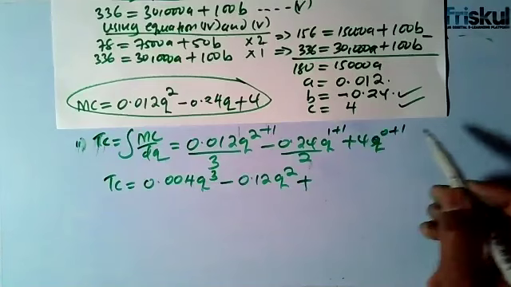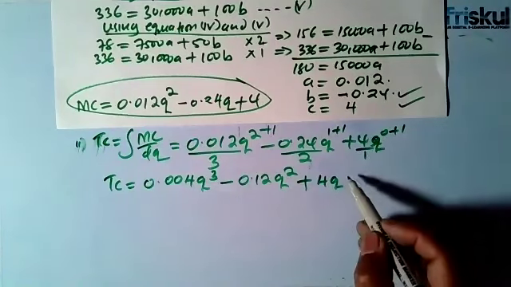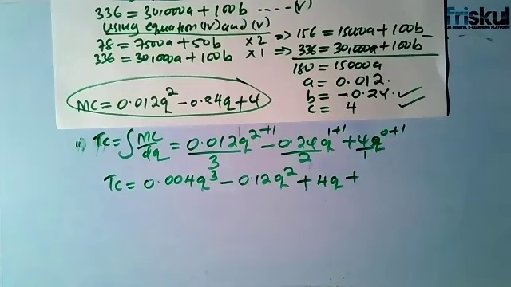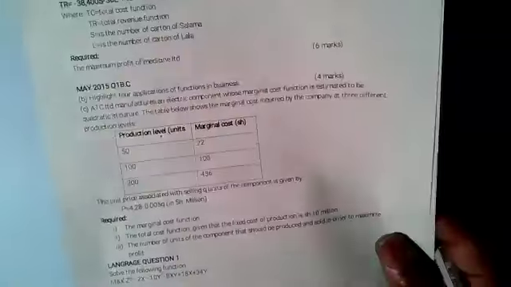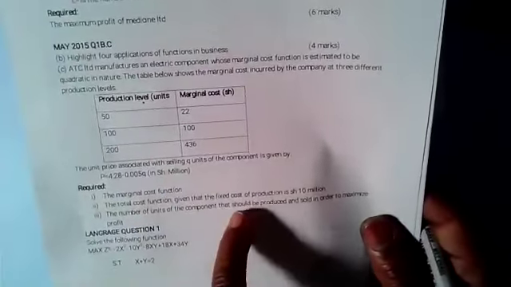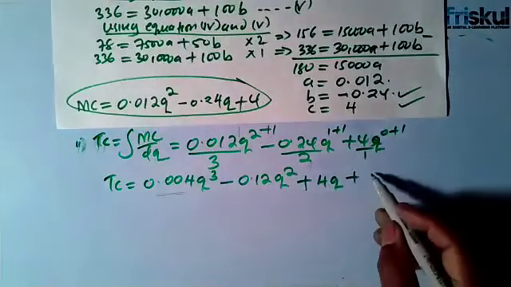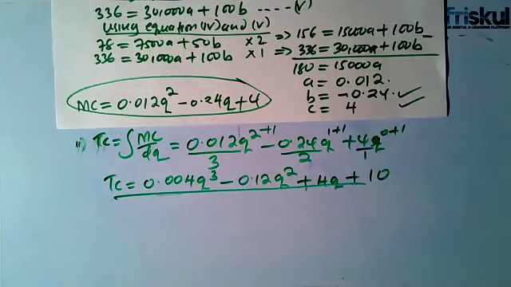So 0 plus 1 you get 1 and you divide by 1. So you get 4Q. And then plus the constant. Now this is the variable cost, but then you add the fixed cost. We are told that the fixed production cost is 10, so you add 10. That is it, number 2.